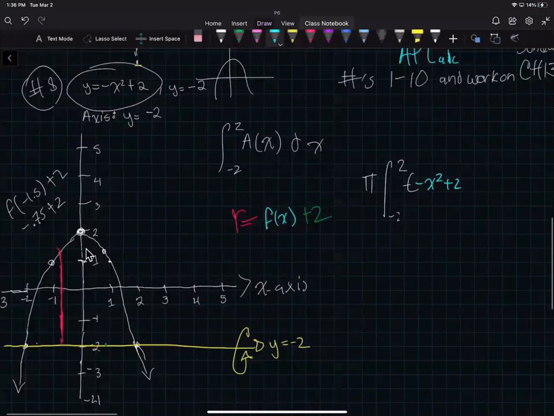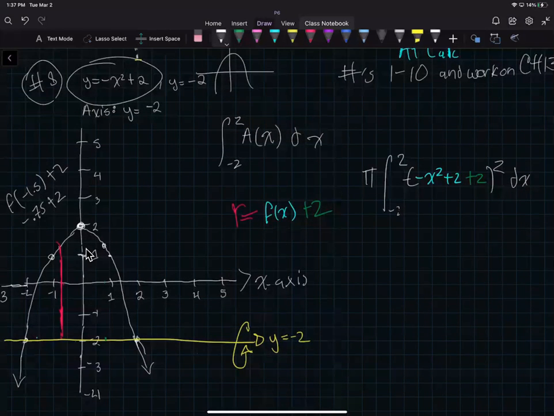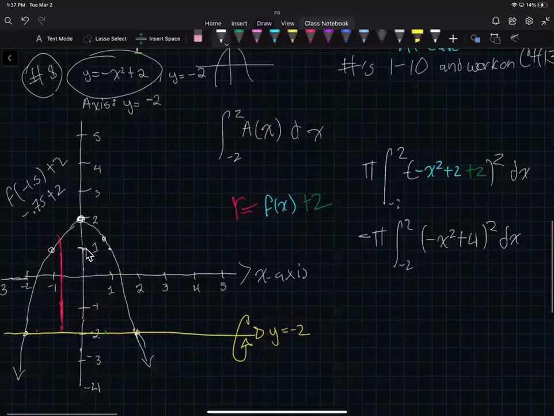And then you still have plus 2, close parentheses, square dx. So this is going to go ahead and give you pi, negative 2 to 2, negative x squared plus 4 squared dx. Okay.